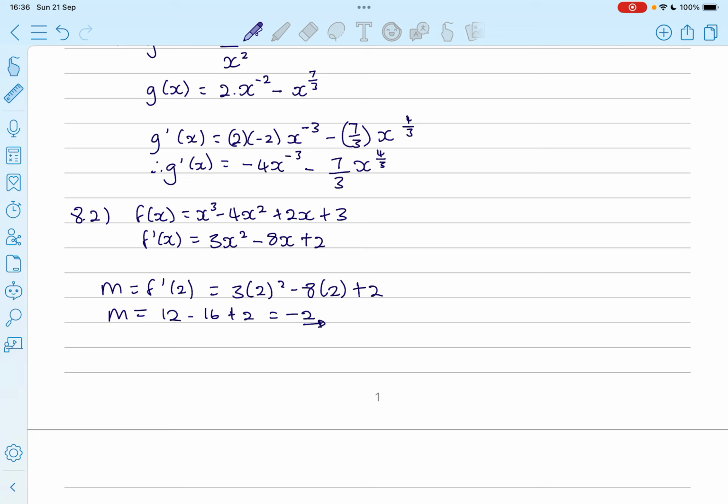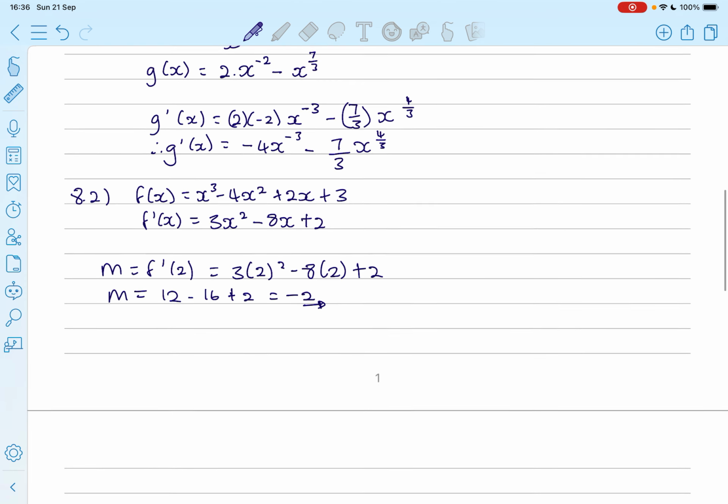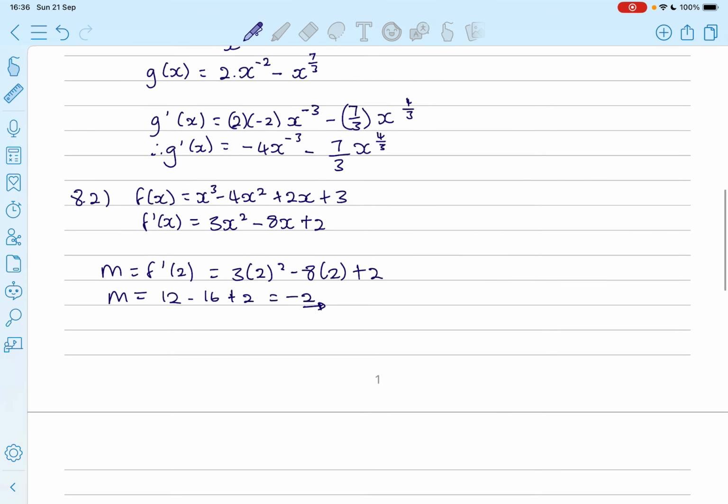So that's our gradient. Now we need to get the y value at x is equal to 2 so that we can get the equation of our tangent. And a tangent is a straight line with the equation y is equal to mx plus c.